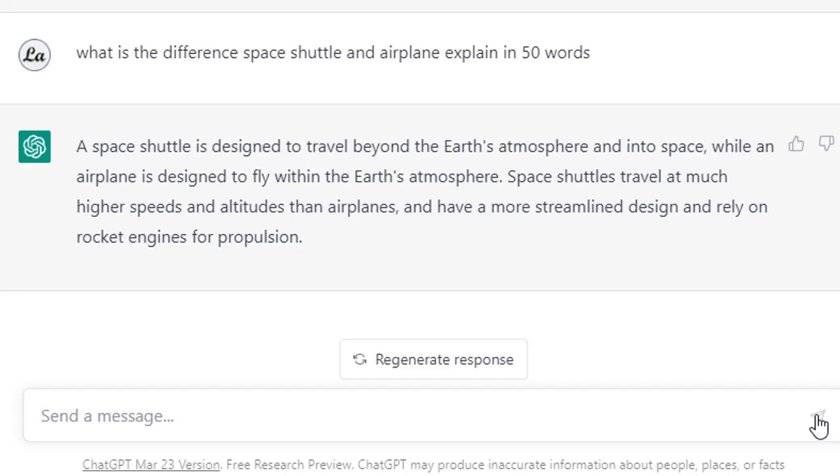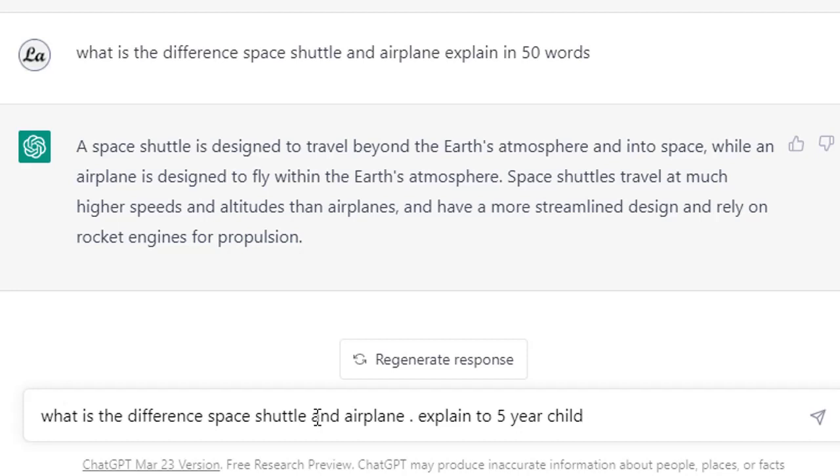But suppose we have to explain this difference to a particular person, to a particular category. Suppose a 5-year child. How to explain this difference? Now the question is, what is the difference between the space shuttle and the aeroplane?